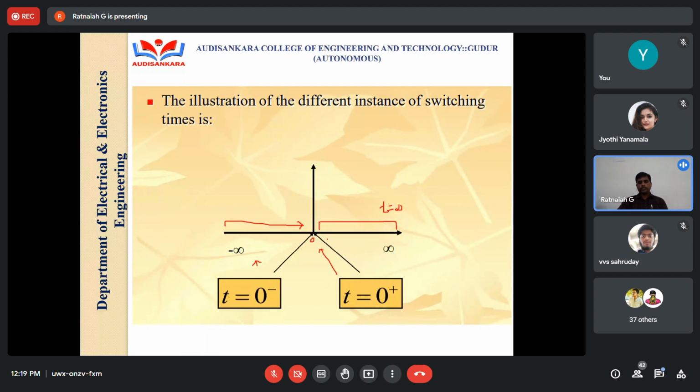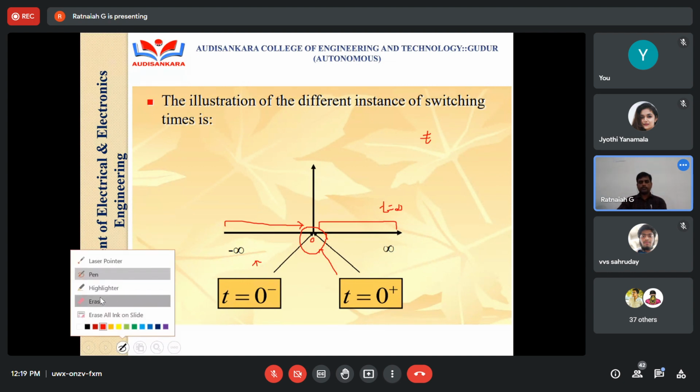So we are always discussing this. This is the main point: before switching close, immediately after switching close, and at t equal to infinity. While discussing these initial conditions, you have to remember only three conditions.